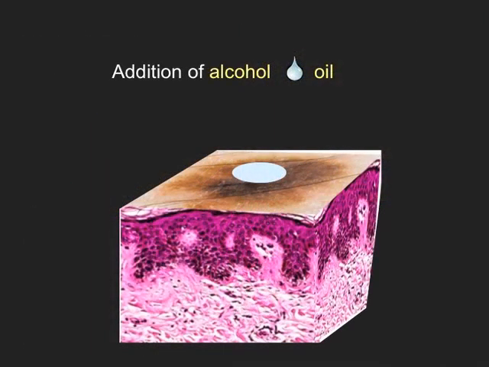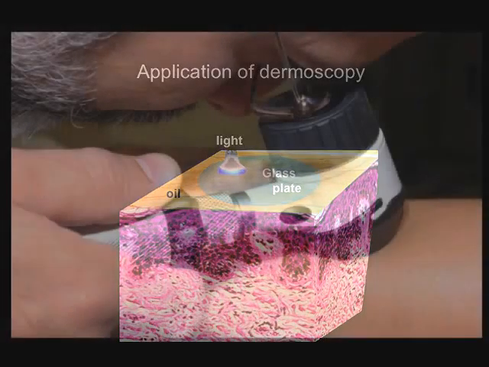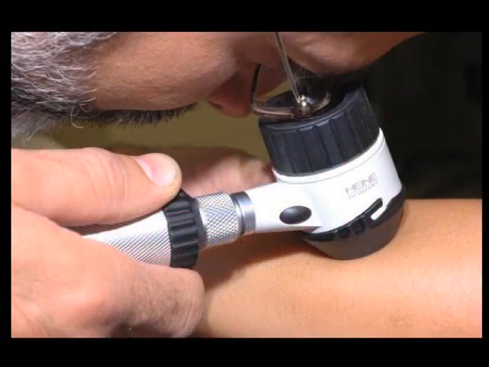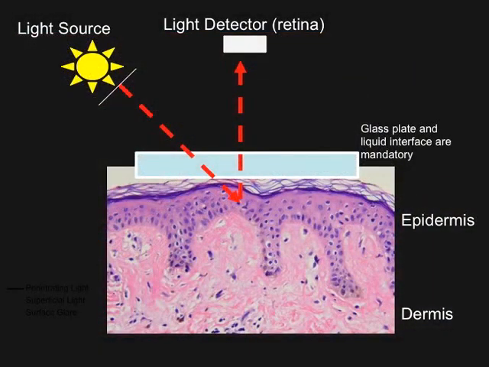When you add a liquid interface on top of the skin, whether it's alcohol, ultrasound gel, or mineral oil, and then you apply a glass plate and a light source, that's now your standard dermatoscope. Light can penetrate past the stratum corneum before it bounces off a structure and comes back, and those are the structures you're now able to see with standard dermoscopy.